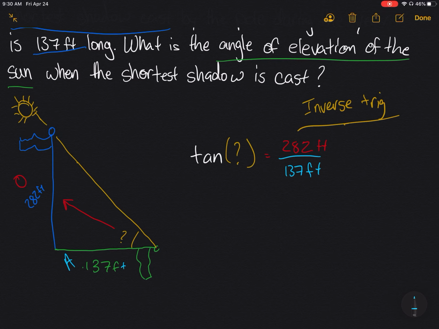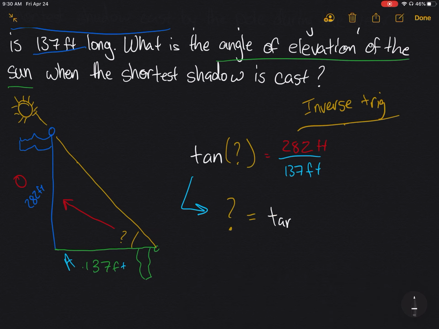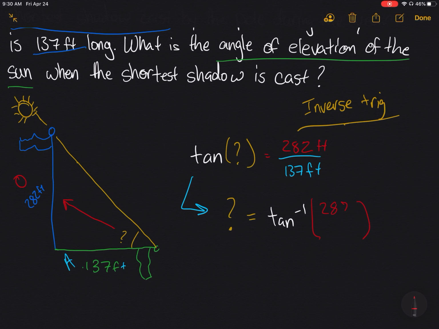All right. Now you'll recall that if I take the inverse trig of both sides, on the left side that'll cancel out my tangent, and I'll just be left with the angle that I'm trying to find. And on the right, I'll be taking the inverse tangent of the ratio between the two sides. So that's 282 feet over 137.